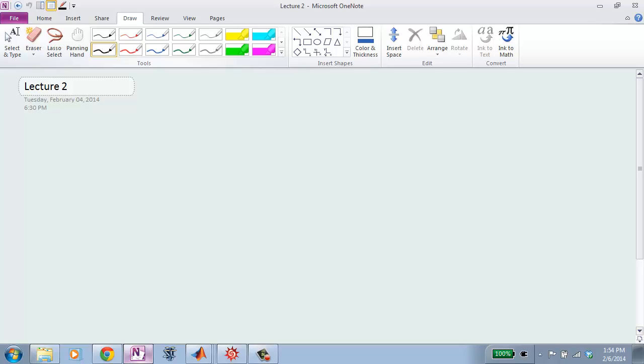So what that means is something like this would be odd. So this means this was a reflection across the y-axis. This is a rotation by 180 degrees. So a signal can be even, it can be odd.